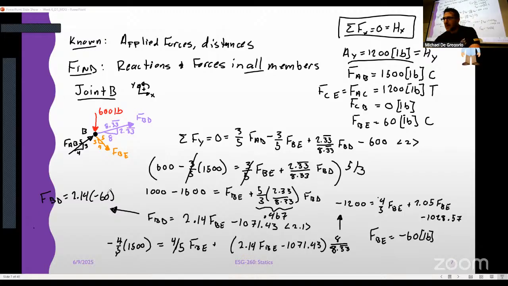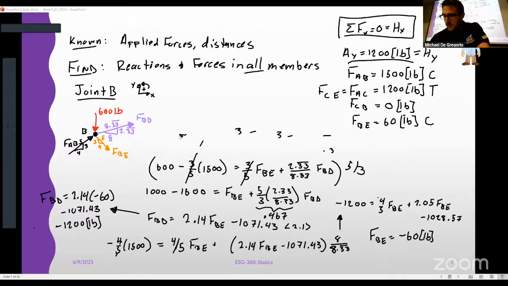Because I didn't redraw it, I have to keep the negative sign with it. Right? And turns out that this ends up being negative 1,200 pounds, which is also compression. So FBD is negative 1,200 in compression, or 1,200 in compression. So I'll erase the Y equation and put it on there.